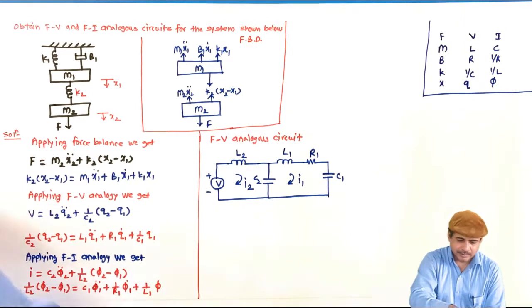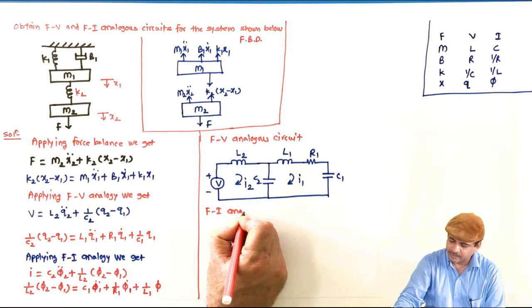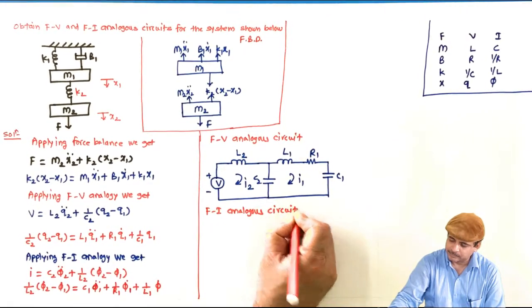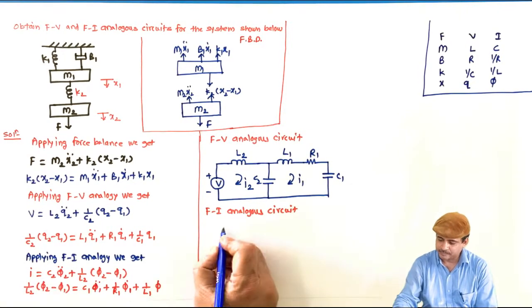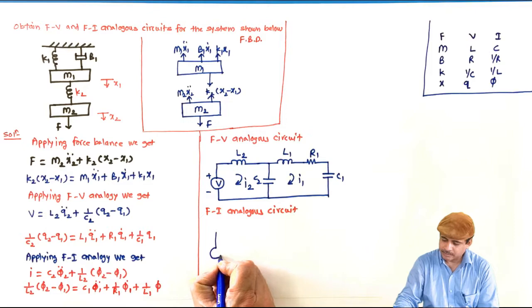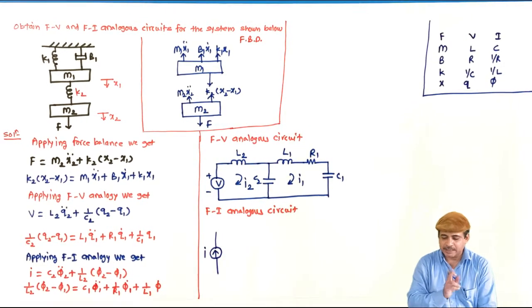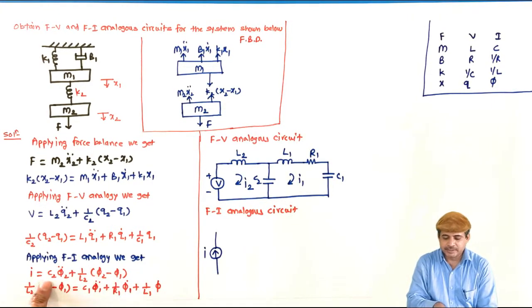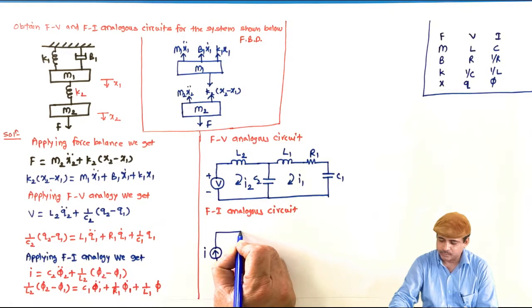Here I will draw the F to I analogous circuit. Clearly see now, this is the current I, and it is divided into two currents. C2 phi 2 double dot means C2 dV2 by dt, so the voltage across the capacitor C2 is V2.